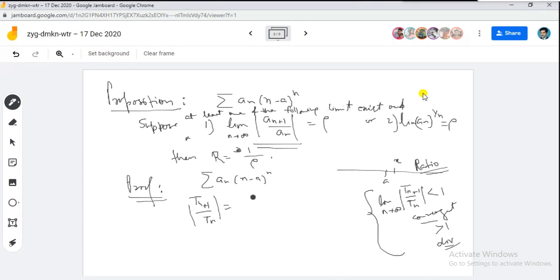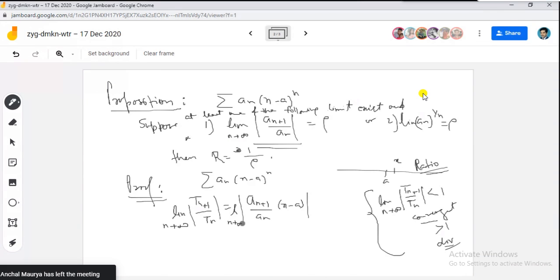So this is the modulus of a_(n+1) over a_n times (x minus a). And you may take the limit here also, limit n tending to infinity.